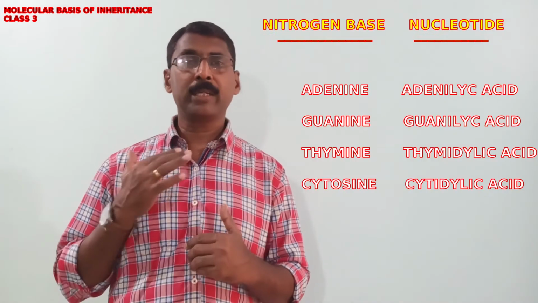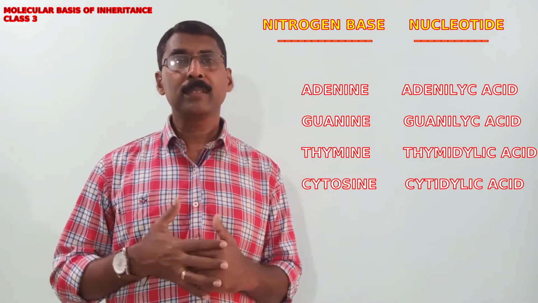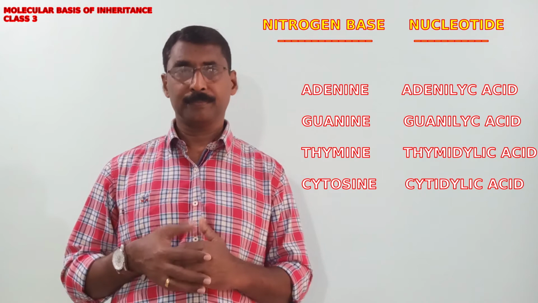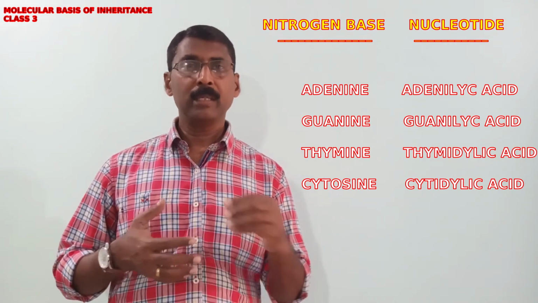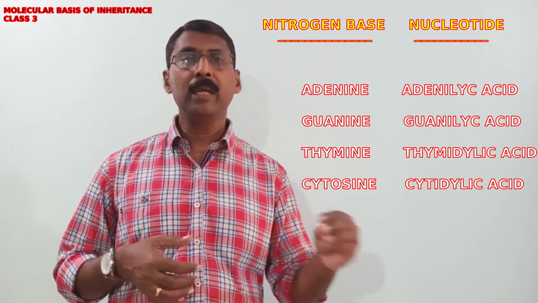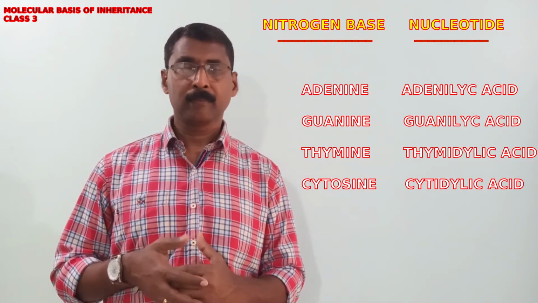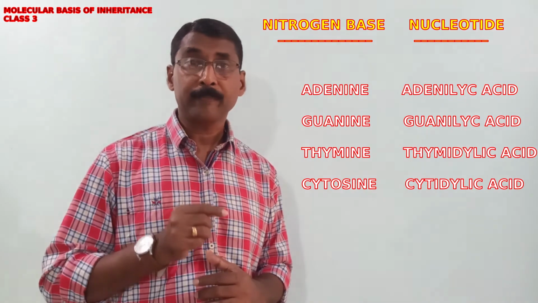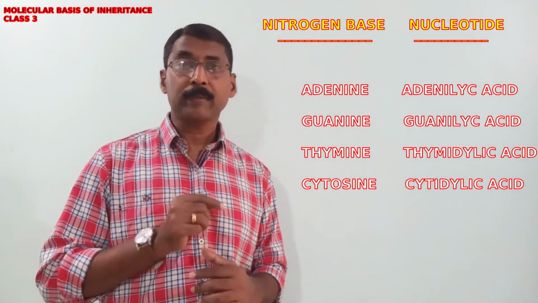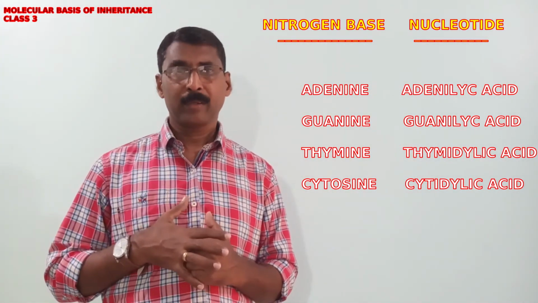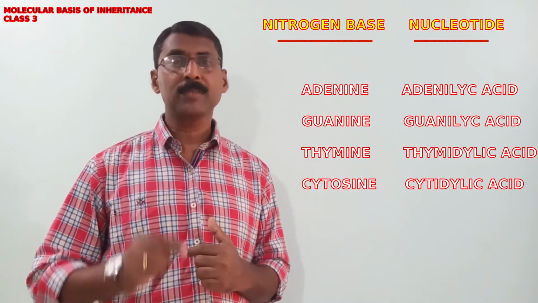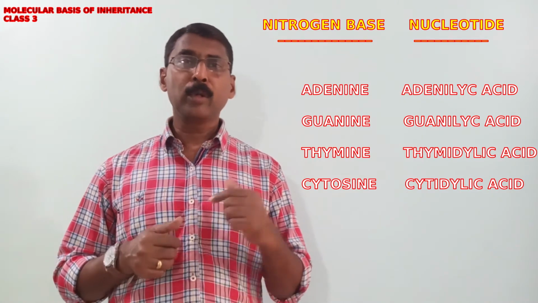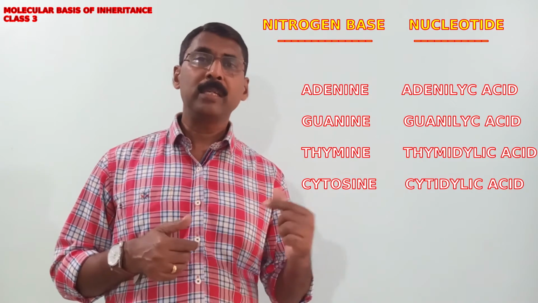If adenine is the nitrogen base, then the nucleotide is adenylic acid, or adenylate. If guanine is the nitrogen base, or guanosine is the nucleoside, then the nucleotide formed is guanylic acid.